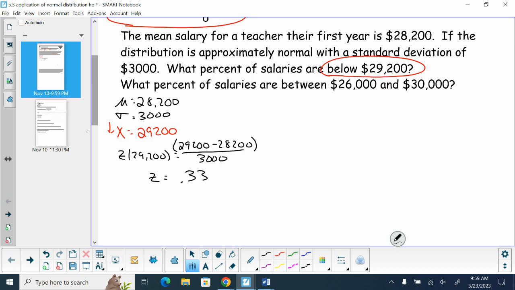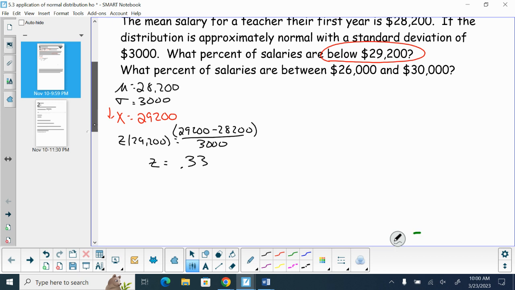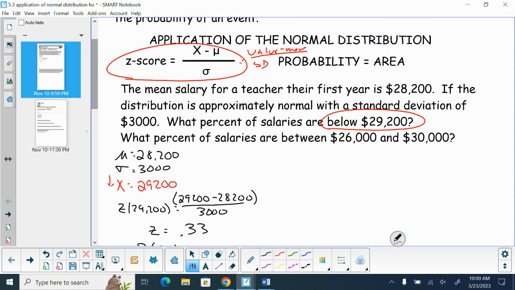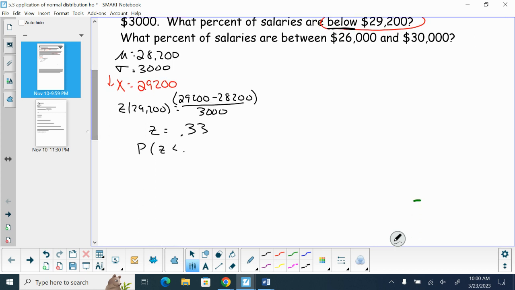So what we are looking for is the probability that our Z value is less than 0.33, because we want to be below 29,200.